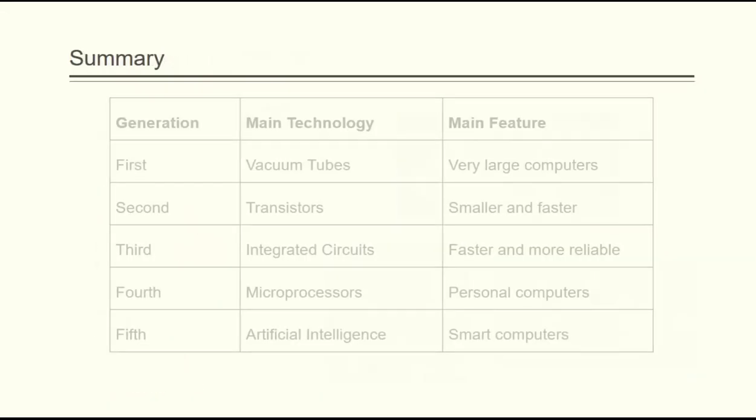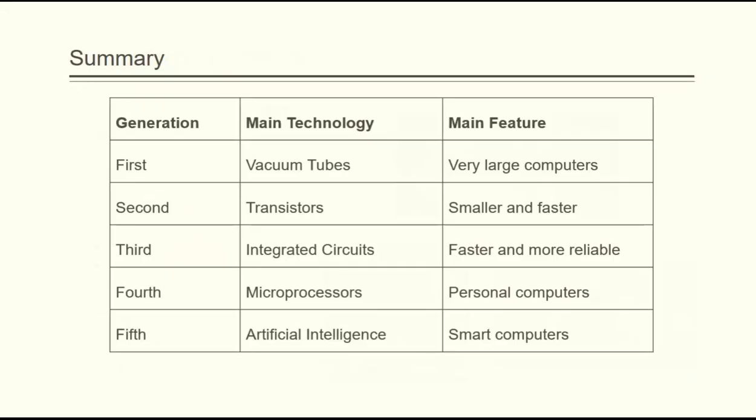Now let's summarize all that we have learned so far. We've been told that the first generation uses vacuum tubes, and they were very large computers. The second generation used transistors, and they were smaller and faster than the previous generation. The third generation used integrated circuits, and they were faster and more reliable.